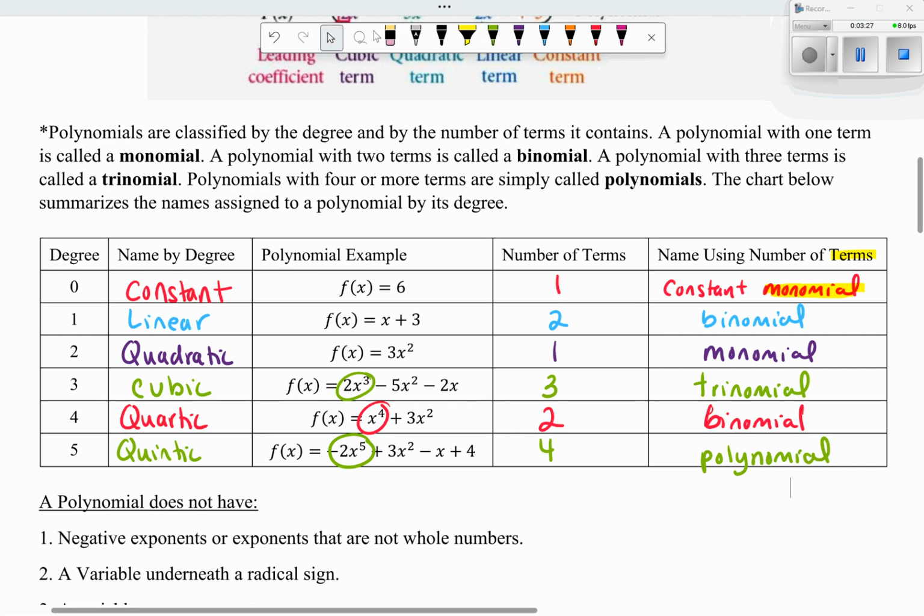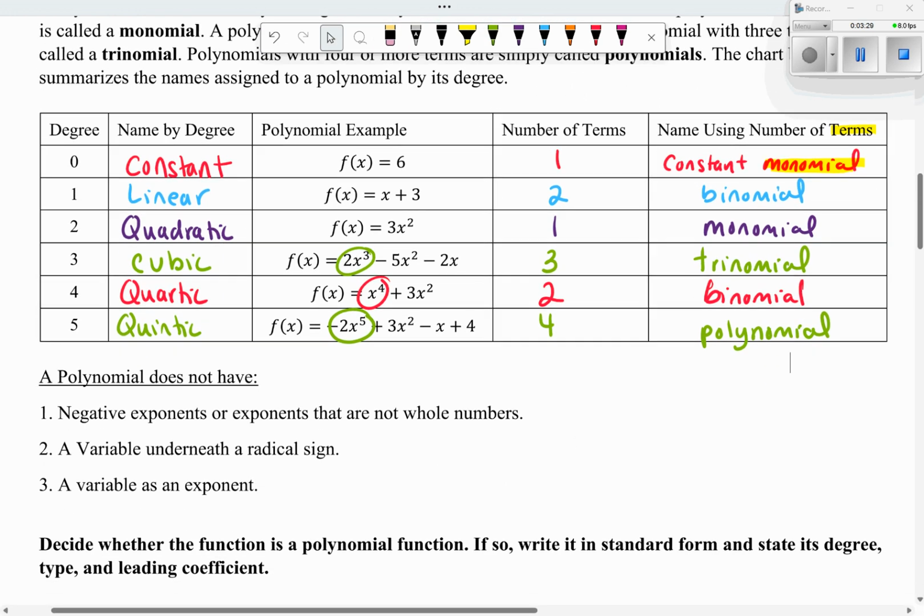Just as a reminder, polynomials cannot have negative exponents or exponents that are not whole numbers. Remember, whole numbers are 0, 1, 2, 3, so basically no fractions or decimals.